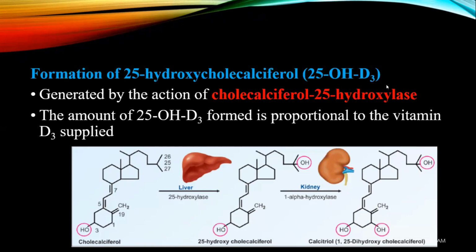So this takes place in the liver, where one hydroxyl group is inserted on the 25th carbon to form 25 hydroxy cholecalciferol. So we can say it is a calcidiol also, which contains two hydroxy groups, 25 hydroxy cholecalciferol or calcidiol.